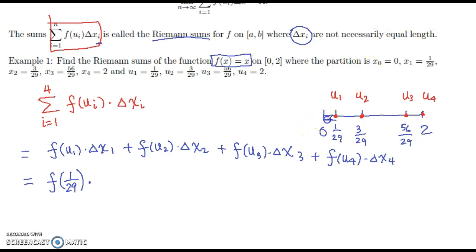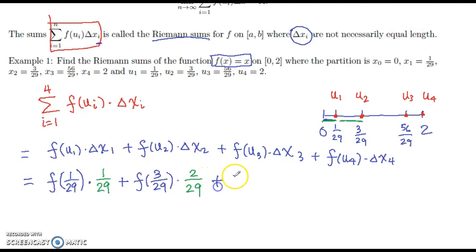The width right there is 1 over 29. Green represents the width. Plus f of u sub 2, which is 3 over 29, times the width of this interval, from 1 over 29 to 3 over 29. You subtract them, and it is 2 over 29.